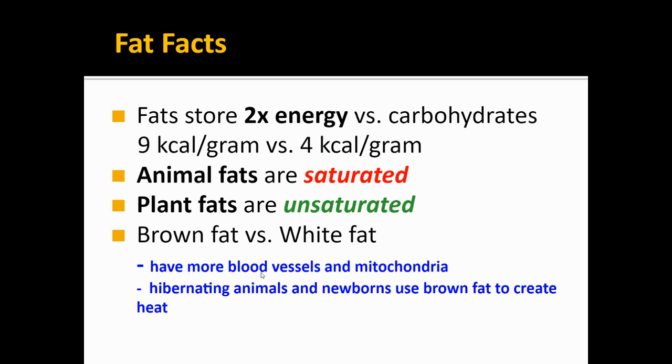Now, a couple of fun facts. Fats are great at long-term energy storage because per unit weight, they have twice the amount of calories as carbohydrates. And think about that. Plants don't move. They can store all their excess energy as starch, i.e., carbohydrates. Animals move. So we store our long-term energy reserves as fat because that allows us to move around much more efficiently, since it's much more dense energy storage.